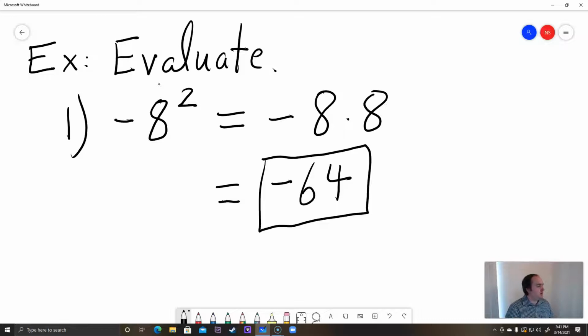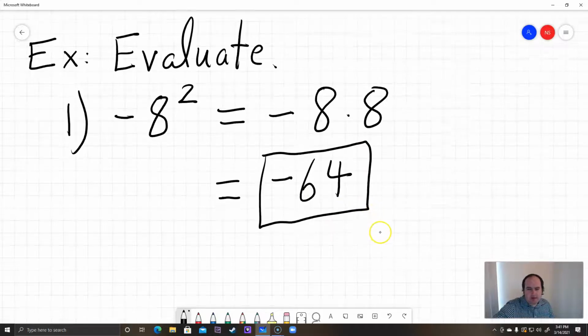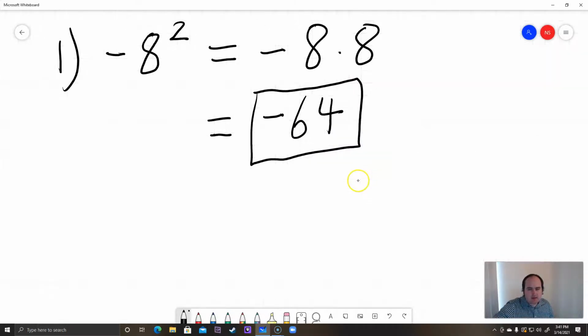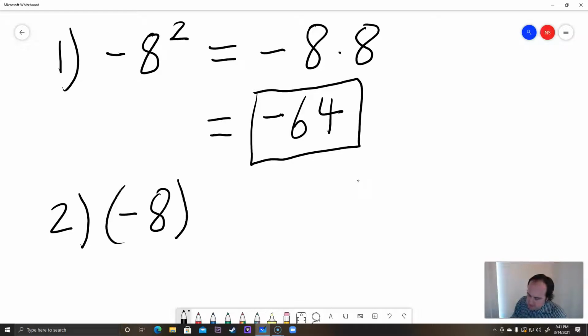Okay, and then I wanted to do another example that's very similar, and you would think would have the same answer, but it doesn't. Okay, just to make sure that you don't get confused by these. So example number 2 is going to be parentheses, negative 8, parentheses to the second power.